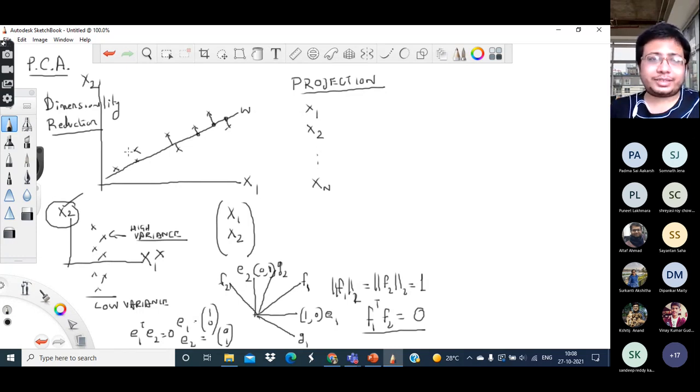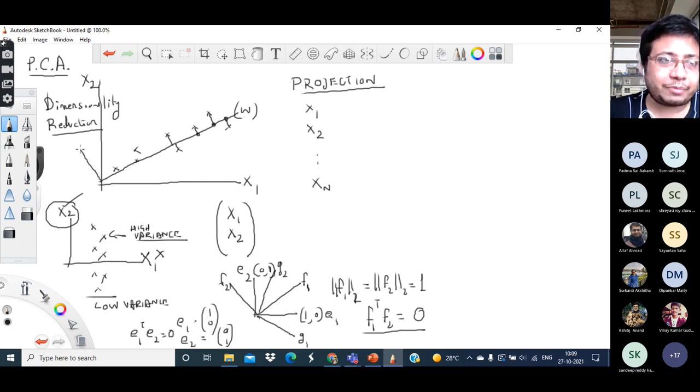Now what we are saying in this case is that x1 and x2 define the dimensions of the data. I am suggesting that instead of going for this pair of bases, I will consider this W as a basis vector. Of course, it cannot be one basis vector, so it will have to have another one.